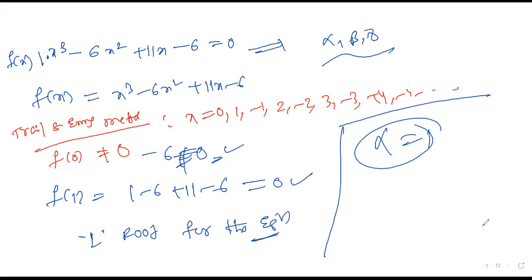Clear? Yeah. Now next, how to find the other roots. First of all, let us take the equation here: x cube minus 6x square plus 11x minus 6 is equal to 0. We have the root x minus 1, one root got.